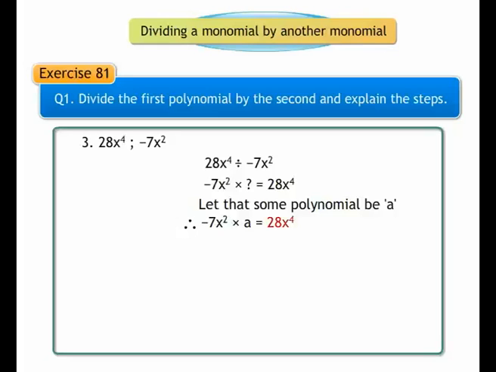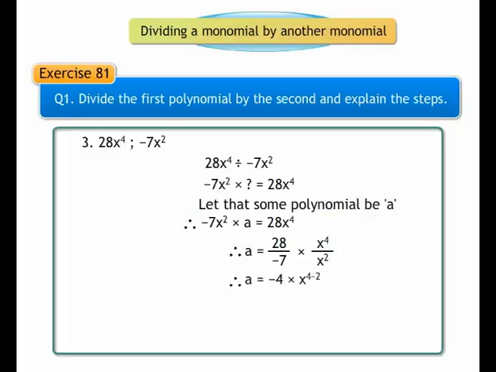Let's separate 28x raised to 4 into two parts, that is, 28 and x raised to 4. Similarly, let's separate minus 7x square into two parts, that is, minus 7 and x square. Therefore, a is equal to 28 divided by minus 7 multiplied by x raised to 4 divided by x raised to 2.